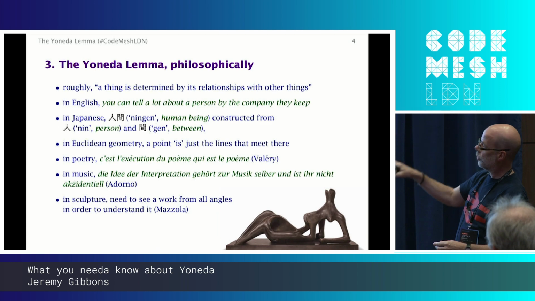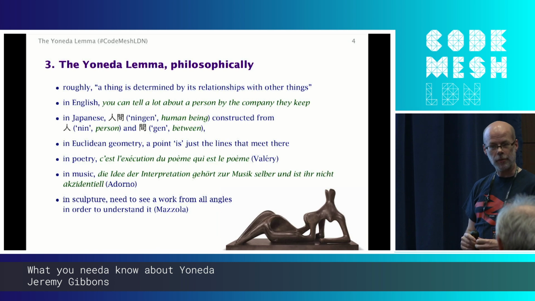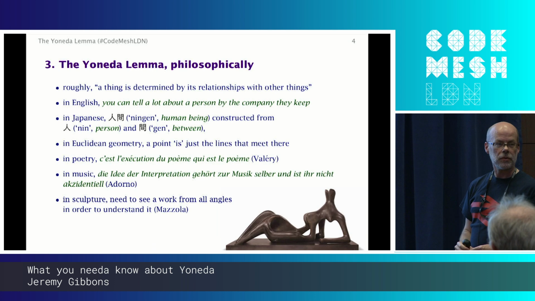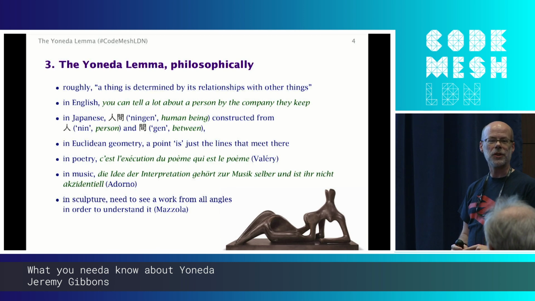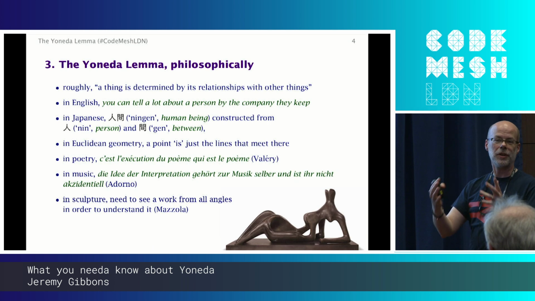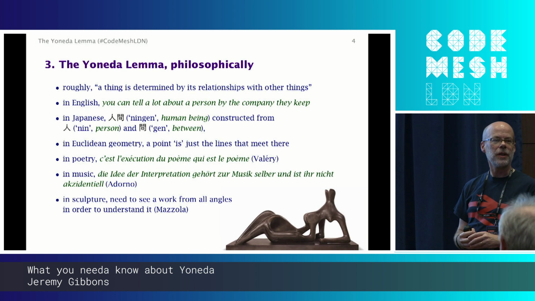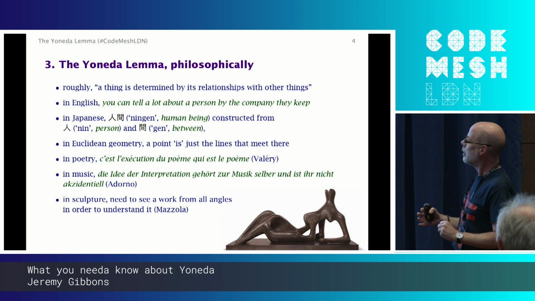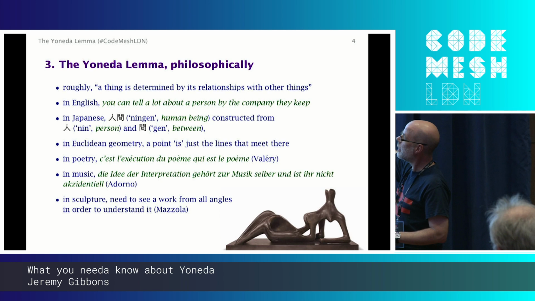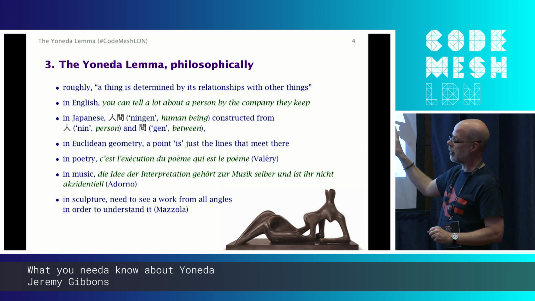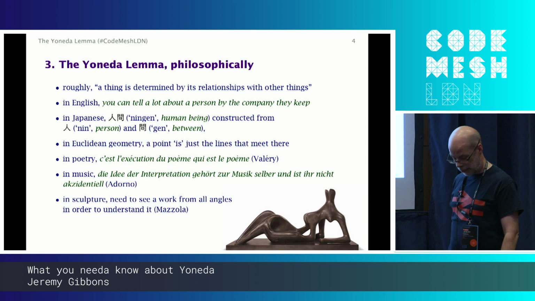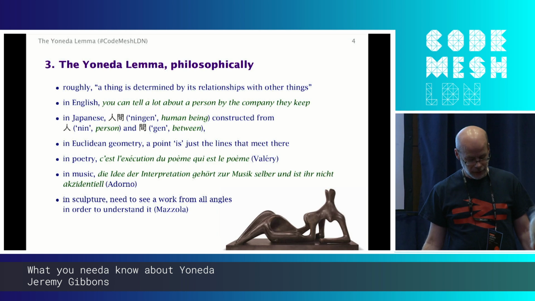I got those two from a big, thick book by a guy called Guerino Mazzola, called, I think, The Topos of Music, but this is a sort of 1,000-page mathematical treatise on group theory in musical scales and so on. It's really rather odd, but he picks out these examples. He talks about the Yoneda Lemma, and he also gives an example from sculpture.